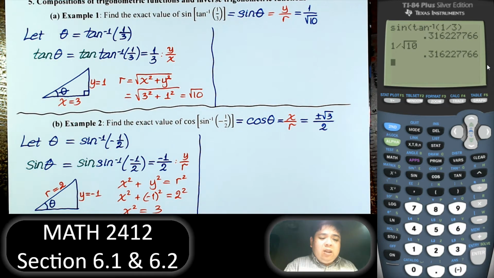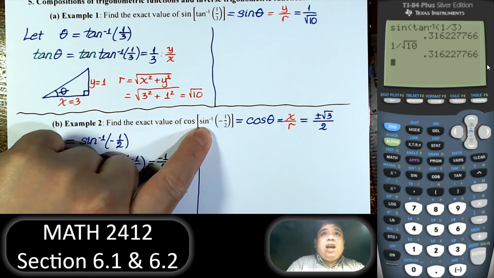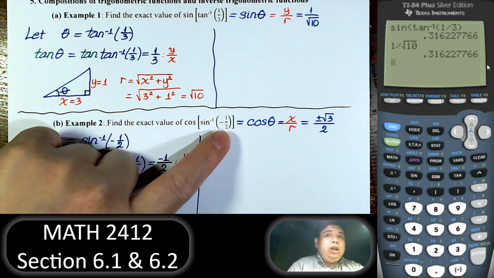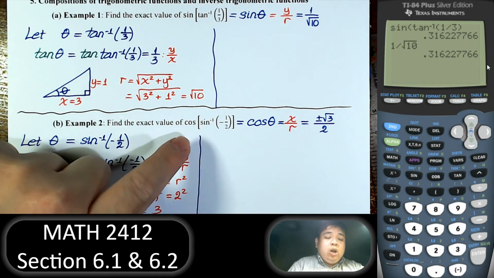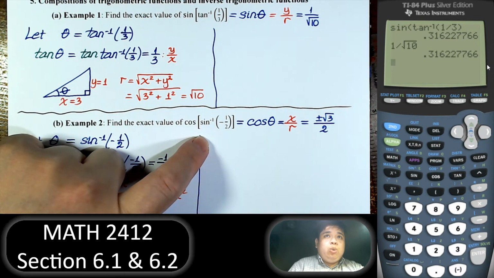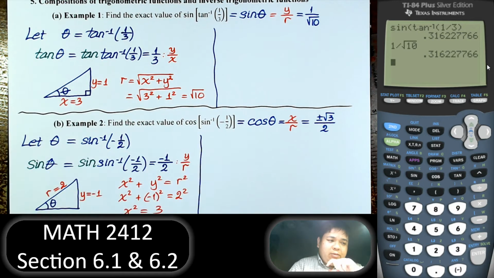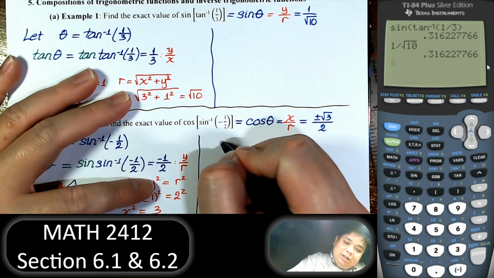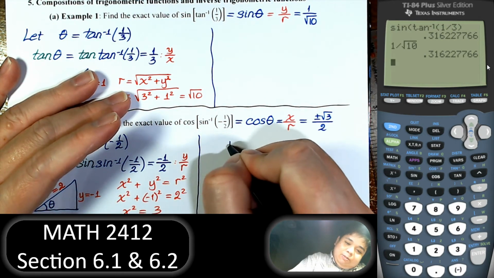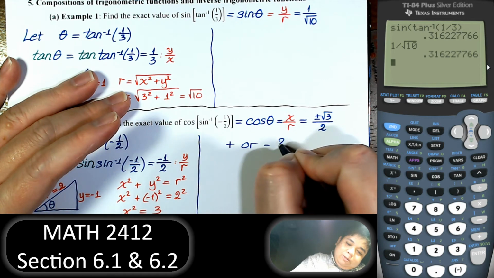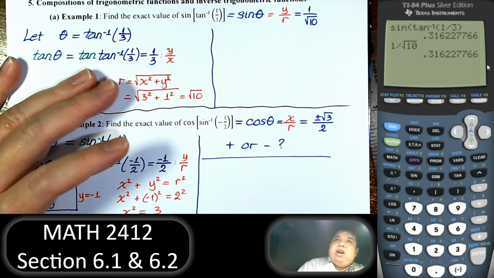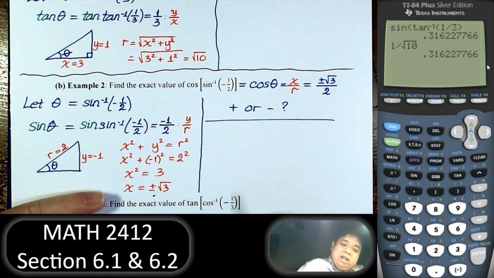Now, think about this. The sine inverse, remember, has to be between quadrant 1 and quadrant 4. Sorry, 1 and 4, right? To answer that question, let's look at this.